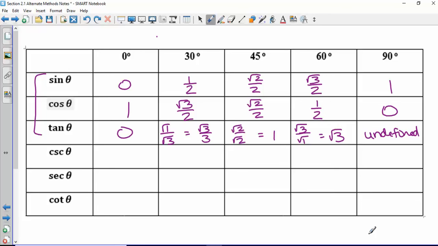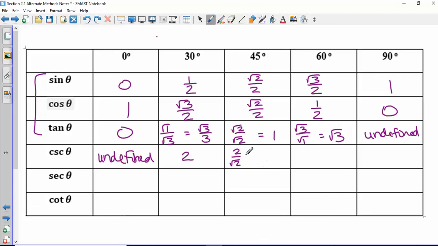So how does that help me get the others? Just flip them. They're reciprocals, right? So cosecant is the reciprocal of sine. What is the reciprocal of 0? Yeah. 0 is like 0 over 1. So when you flip it, it's 1 over 0, which is undefined. Okay. Reciprocal of 1/2? 2. We're just flipping, so 2 over 1.